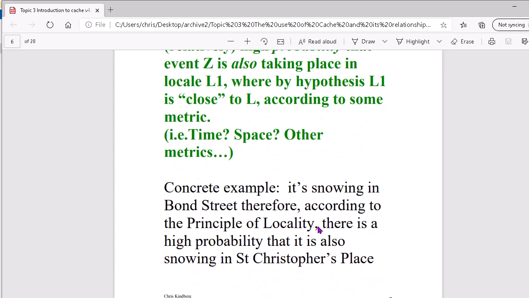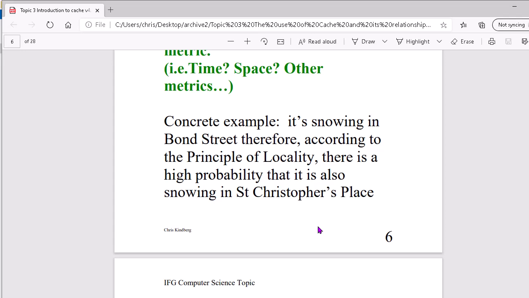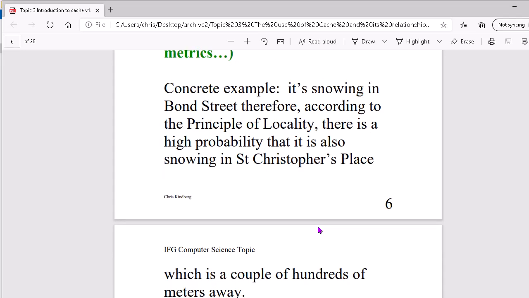All right. So here's a concrete example, and a very down-to-earth example. Let's suppose it's snowing in Bond Street. Bond Street is a street in the middle of London that runs from west to east. And according to the principle of locality, there is a high probability that it is also snowing in St. Christopher's Place. And St. Christopher's Place is a couple of 100 metres from where I'm actually standing at the International Foundation Group classes.